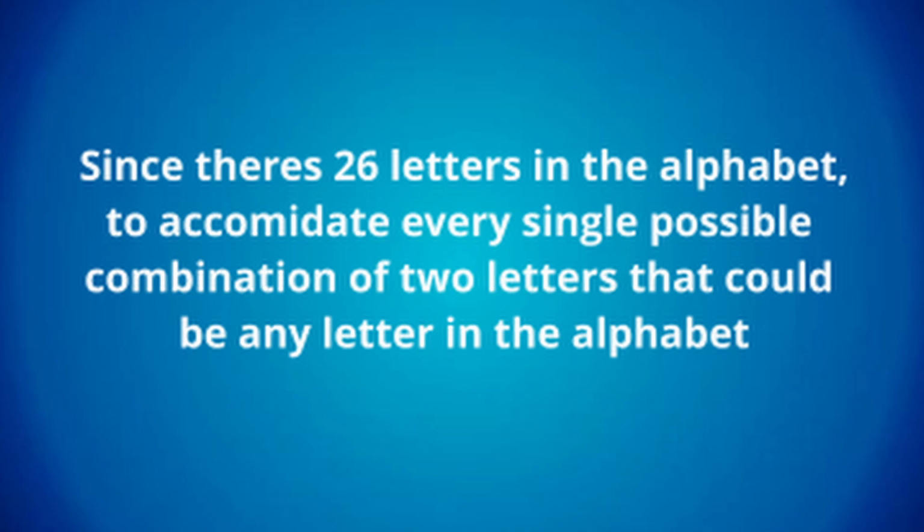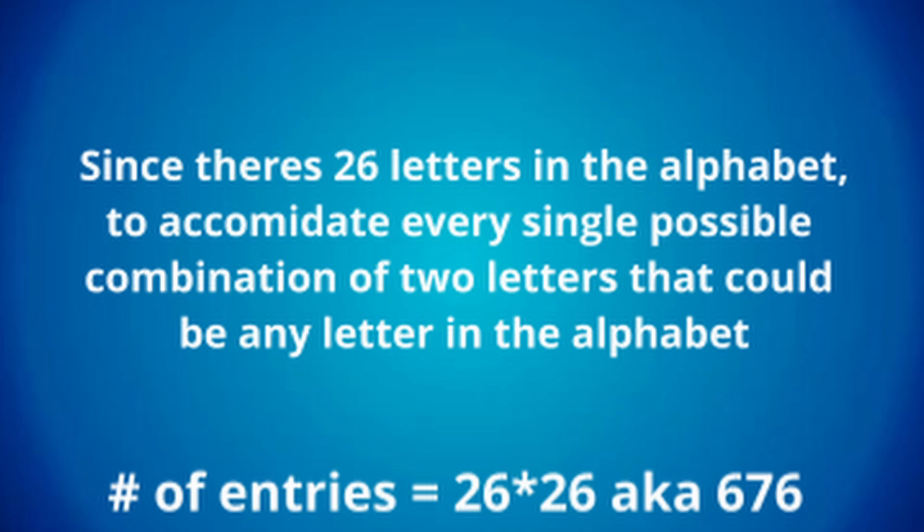Since there are 26 letters in the alphabet, and for each abbreviation there are 2 letters, we need 676 entries, which we get by 26 times 26, because we need to accommodate every single combination we can have with the 26 letters with the other 26 letters in the 2-letter abbreviation.